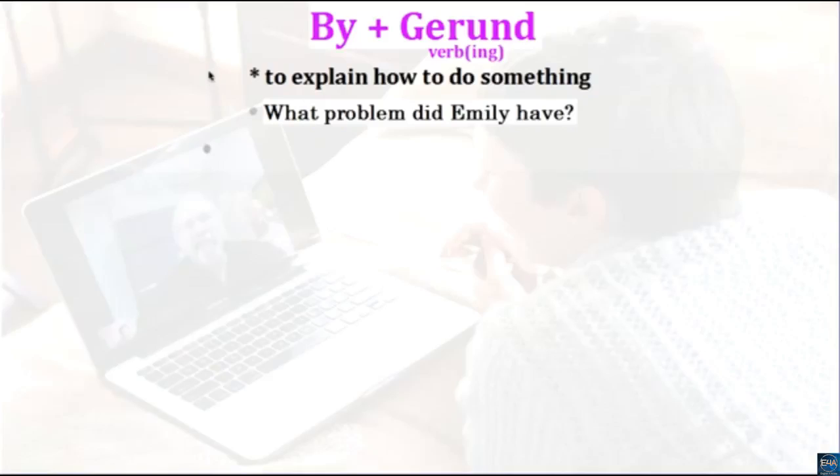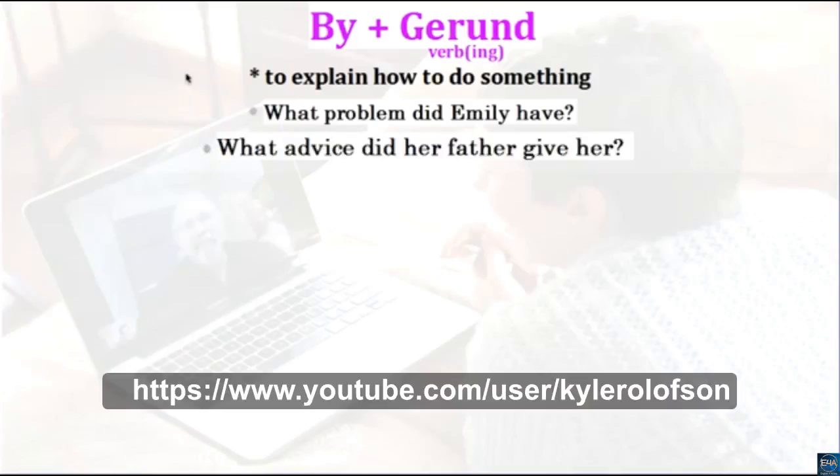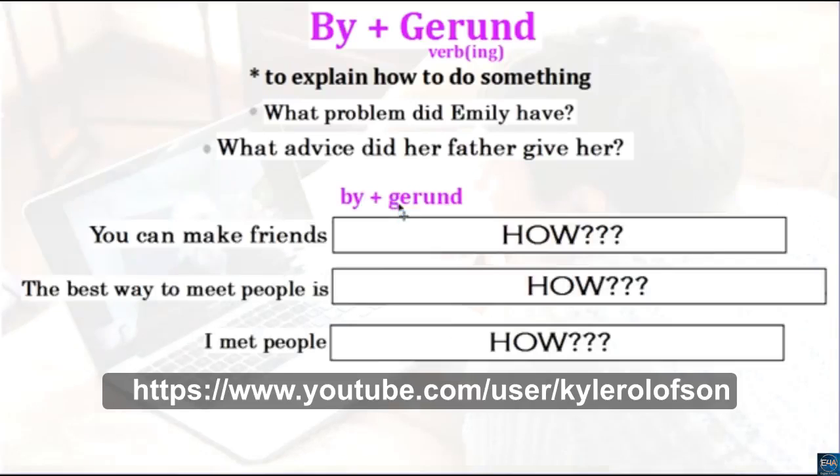So what problem did Emily have? So her problem was that she hadn't made many friends. And she wants to make more friends. Okay? Now let's think, what advice did her father give her? So this is the grammar we're going to look at today.